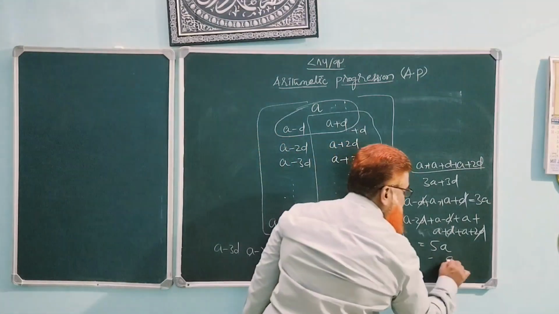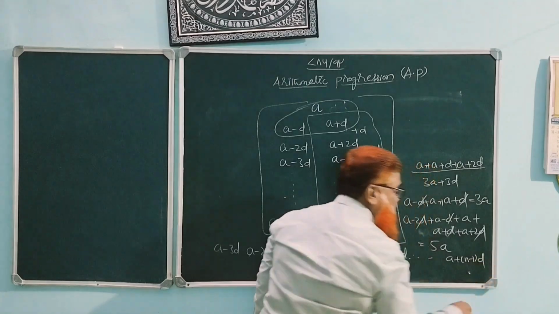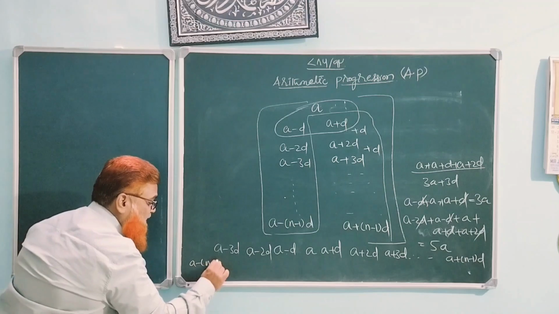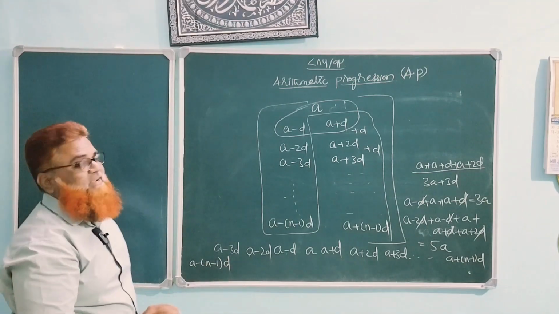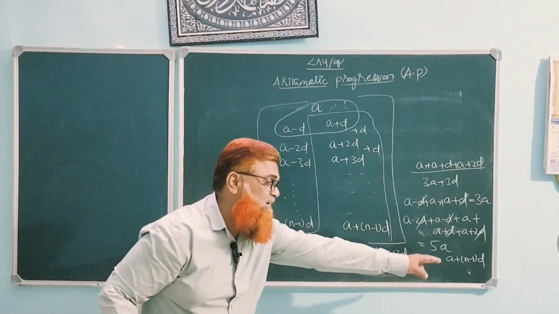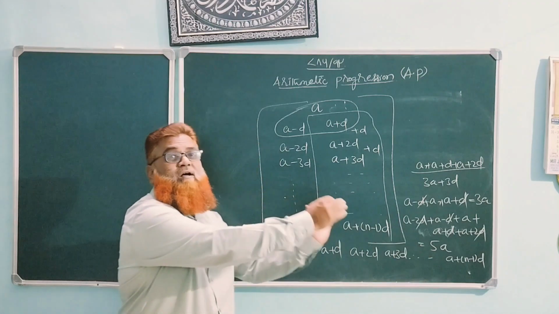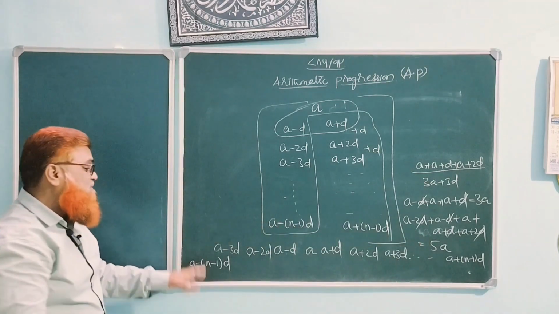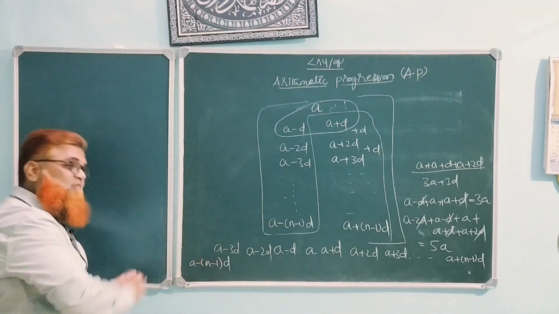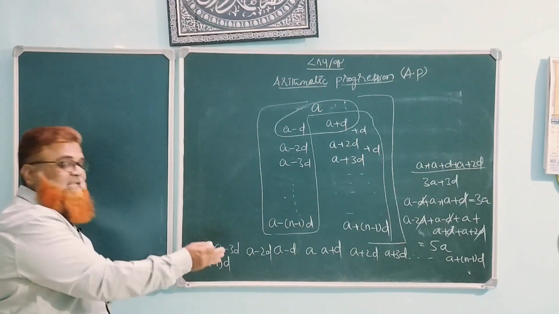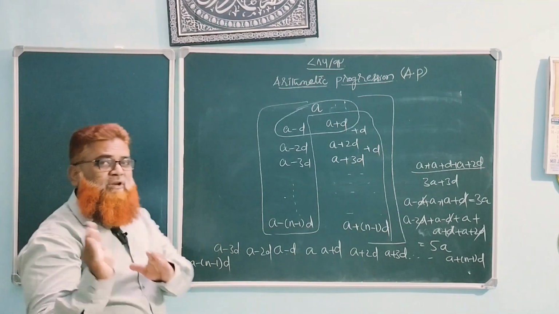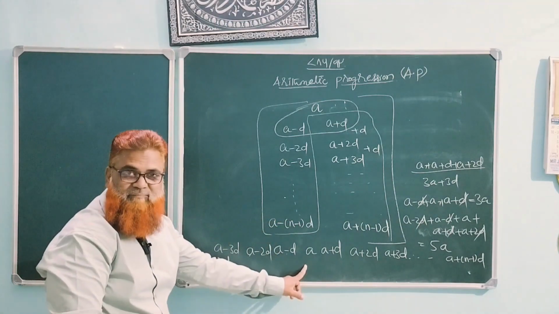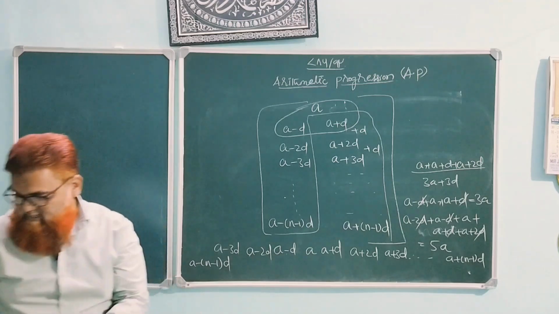Similarly, the last term is A plus (n minus 1) into D, and in the preceding way, A minus (n minus 1) into D. A plus (n minus 1) into D is the succeeding form of an AP on the right side, and A minus (n minus 1) into D is the preceding form of the AP on the left side. So if you reverse any progression, you will follow this procedure. Okay, I hope you understand this concept.